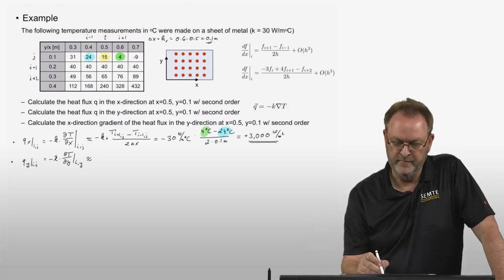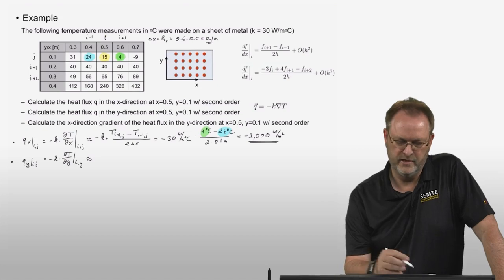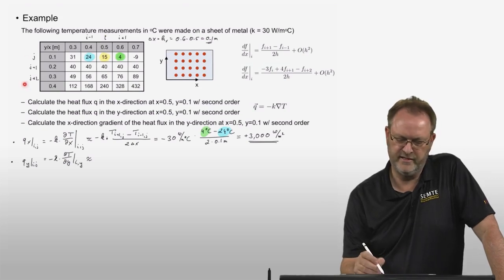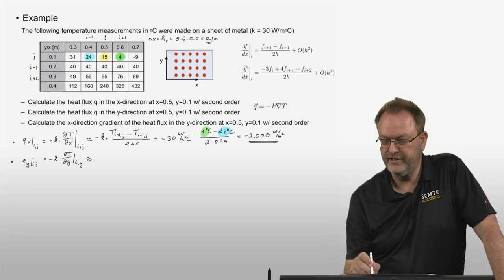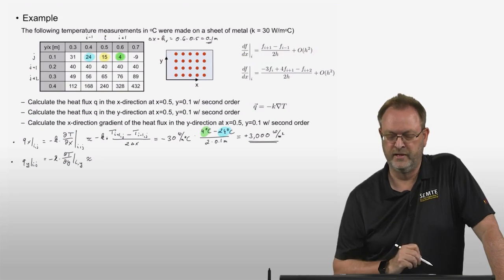That's the positive y direction in the table. So I'm down here, and there's no neighbor in the j minus 1 direction. So I can't use this central difference formula.